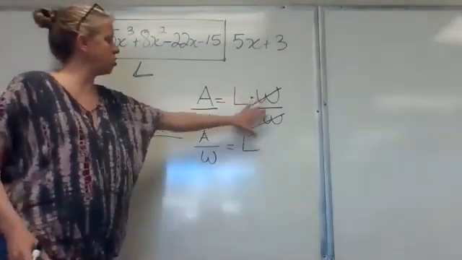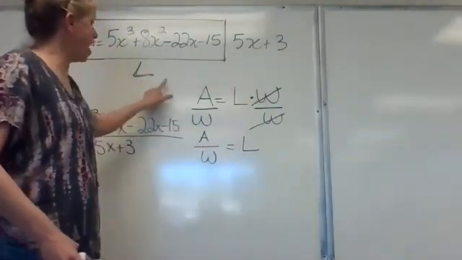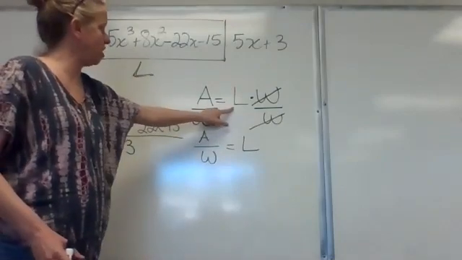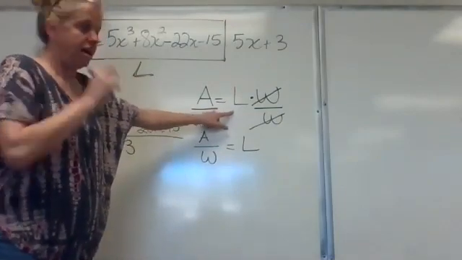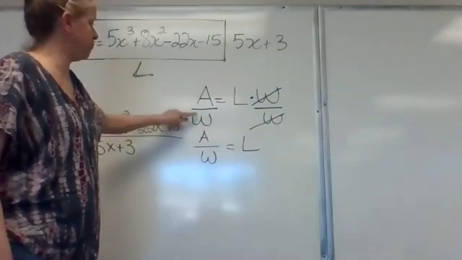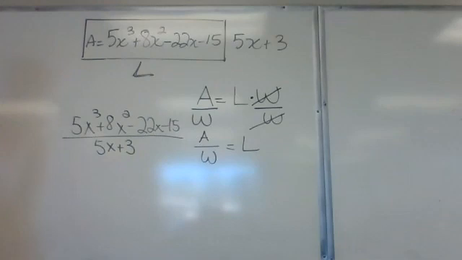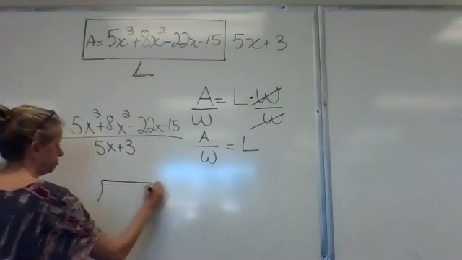Once I turn this equation around to have what I'm looking for, which is the L all by itself, and then when I filled in what I knew for the area and the width, look what it turned into. The problems I've been working. So let's work it now, long division wise.